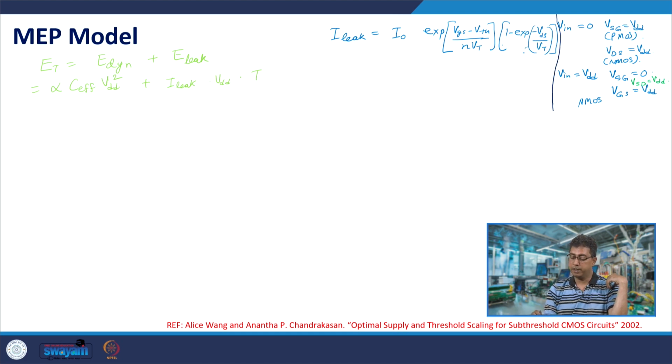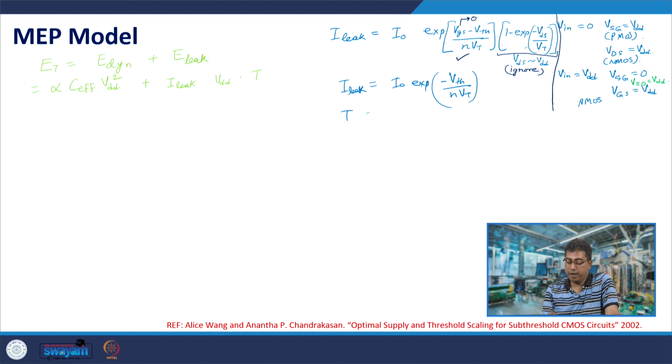Since VDS is close to VDD, you can ignore this term. What is VGS? It is 0. If it is P MOSFET, it is VSG, that is again 0, and the magnitude of the threshold voltage is used. So, you could have written this as I naught exponential minus VTH by NVT.